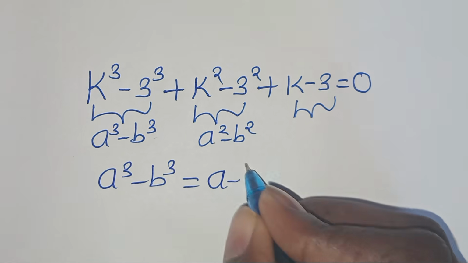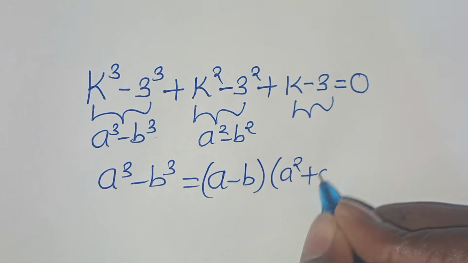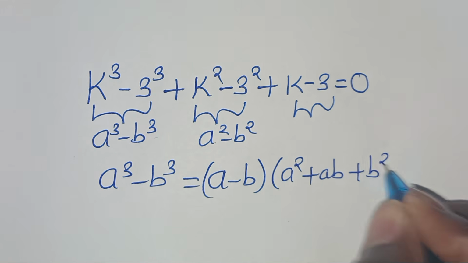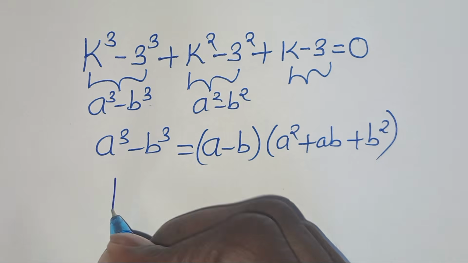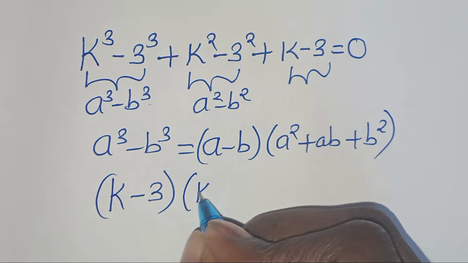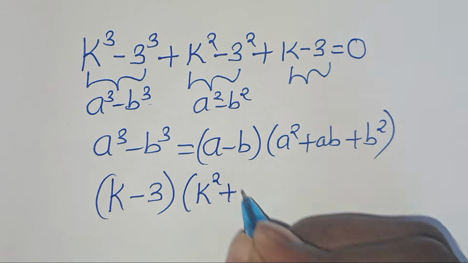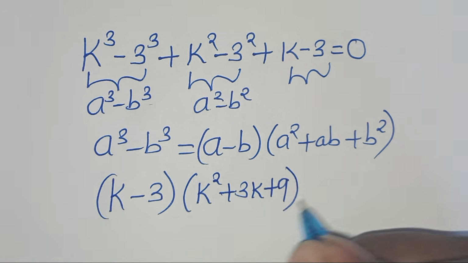This is a subtract b, a squared plus a times b, then plus b to the power of 2. Now let's apply this identity so that we have k subtract 3, k squared, then plus 3k, then plus 3 squared, which is 9.